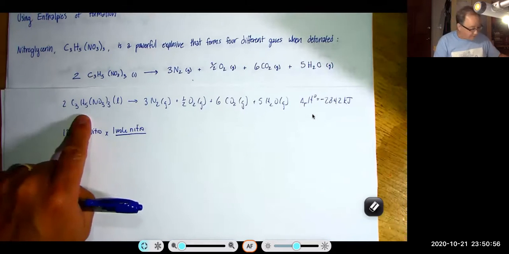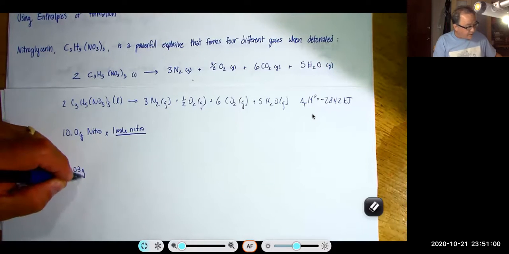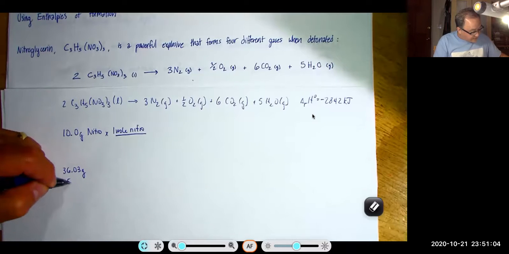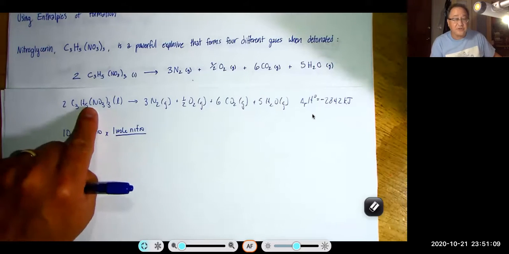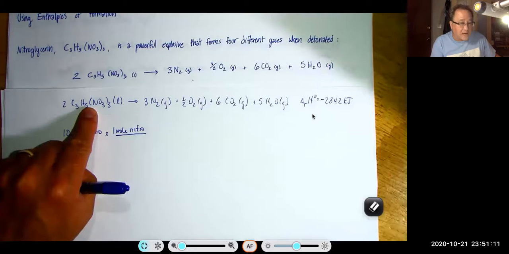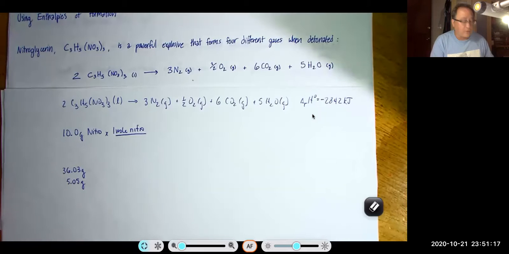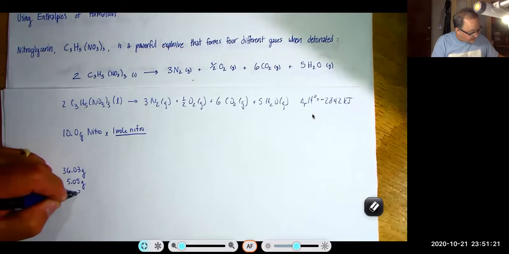We have 3 carbons, which is 36.03 grams. We have 5 hydrogens, which is 5.05 grams. We have 3 nitrogens, and each nitrogen is 14.01. So 14 times 3 is 42, so 42.03 grams.